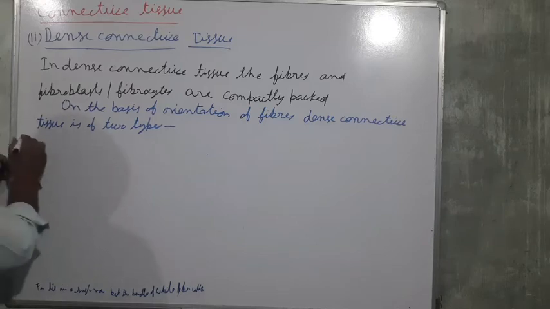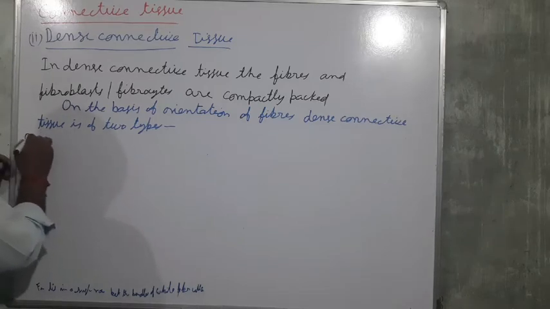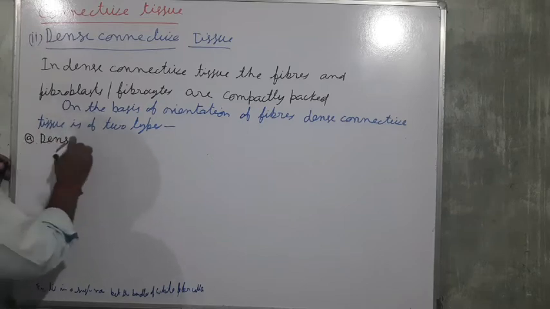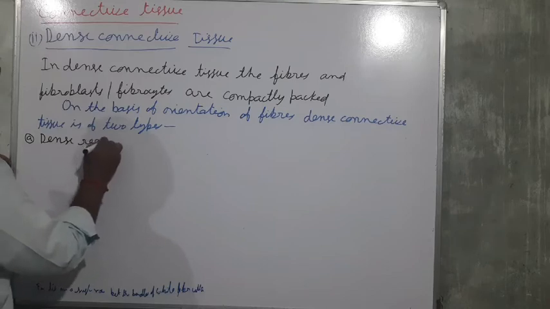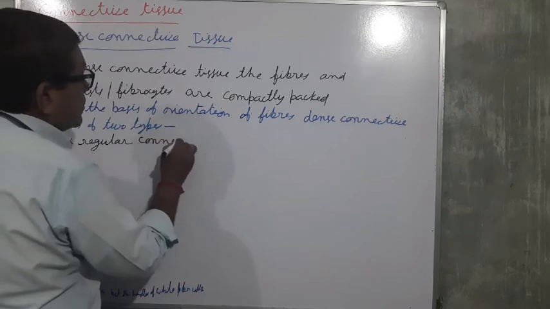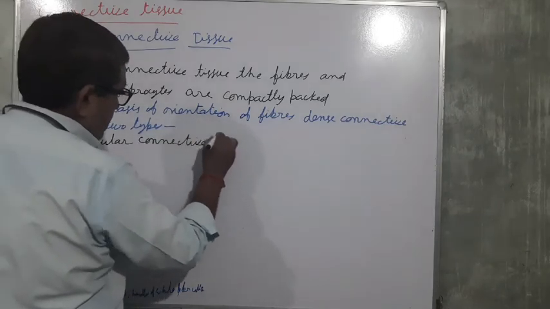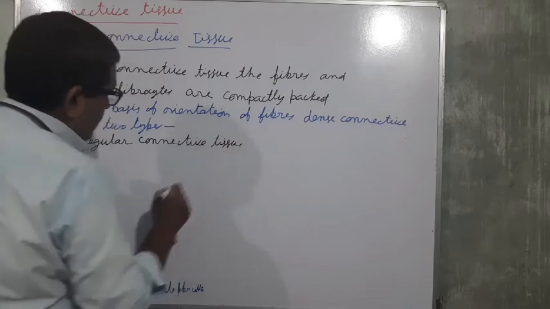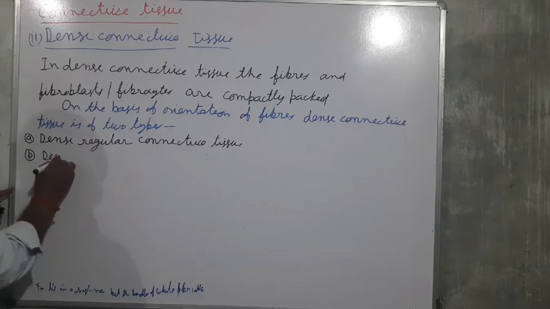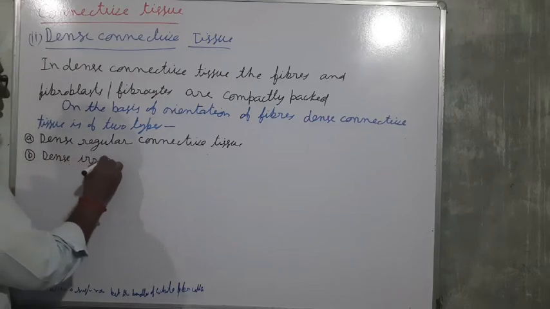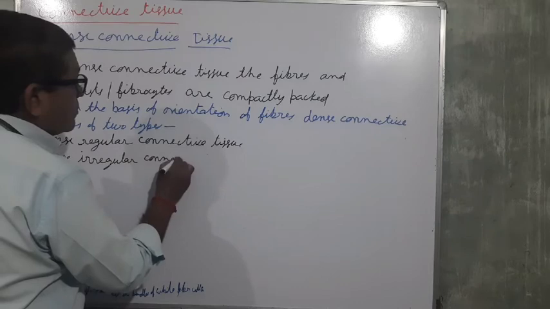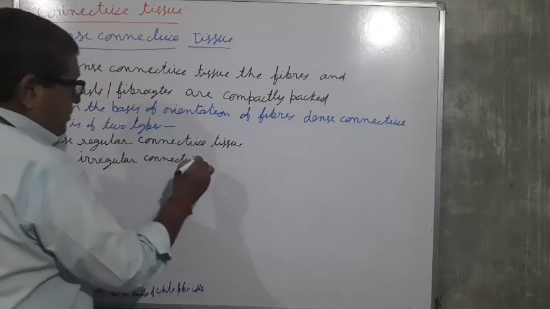First, A, dense regular connective tissue, and B is dense irregular connective tissue.